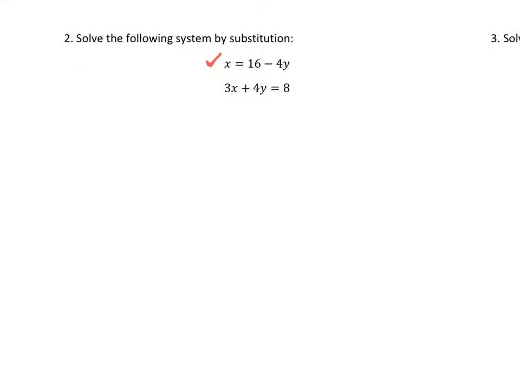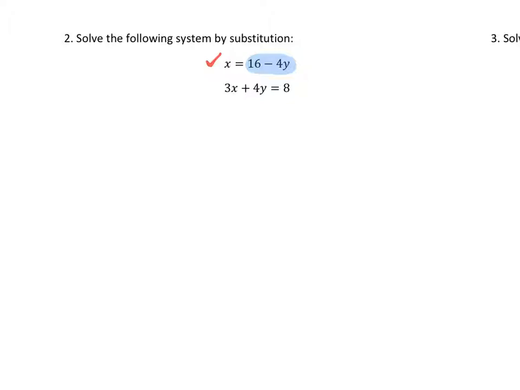Now we're going to take that expression and substitute it in. So I'm going to take 16 minus 4y. And where am I going to plug it in, in the second one? After the 3, because it's what variable? The x variable.